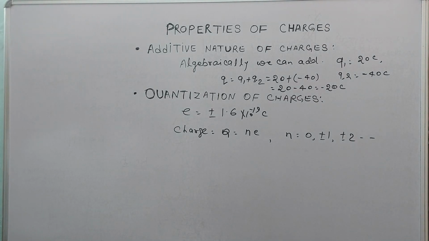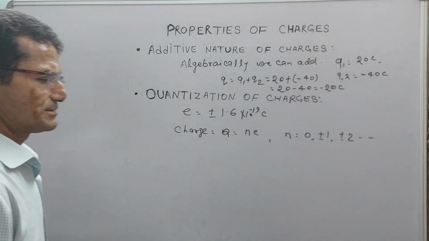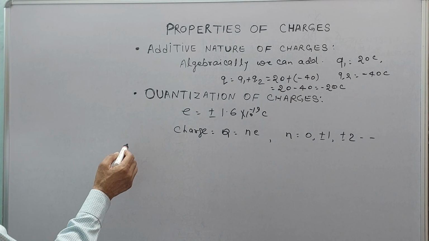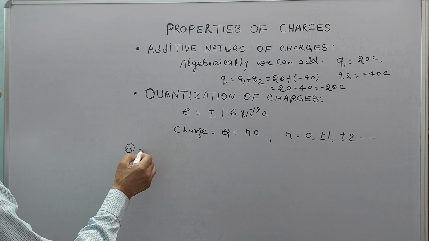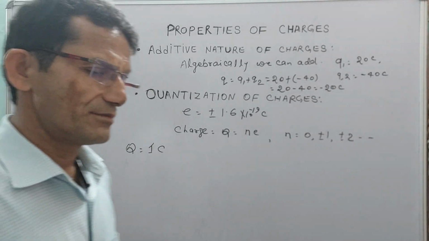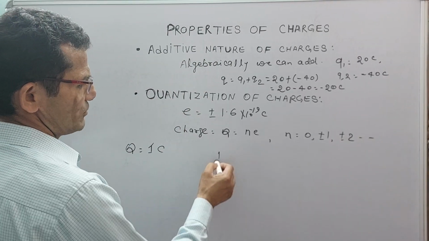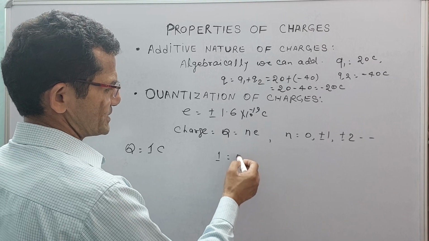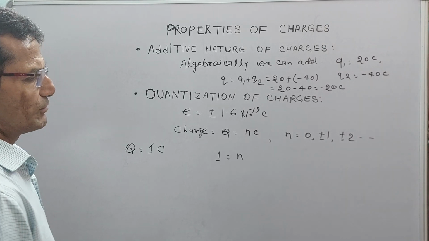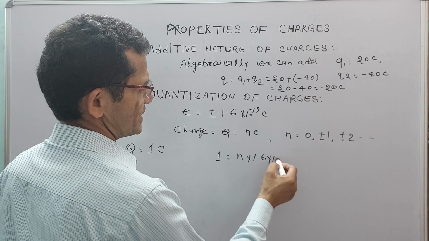Since the value of e is a very small charge, it is generally not practically observable. Suppose Q is equal to 1 coulomb. How many electrons is this 1 coulomb made of? If I calculate, the value comes out very huge. Let us calculate this. Q is 1 coulomb, and the number of protons, the positive charge, is Q divided by the charge on a proton, e, 1.6 times 10 raised to minus 19.